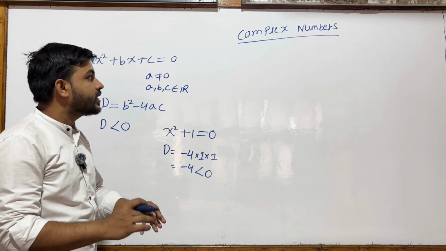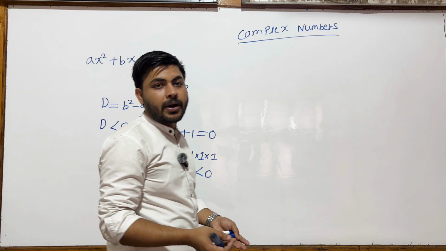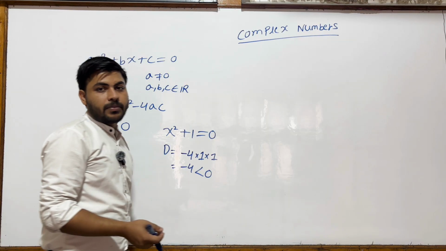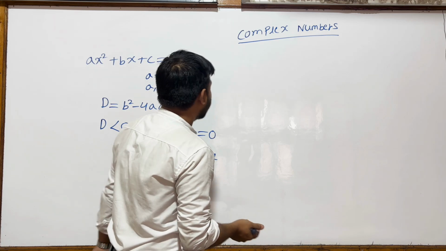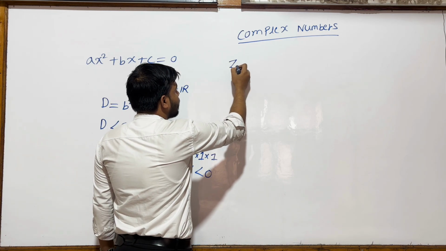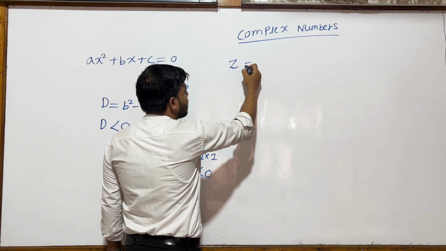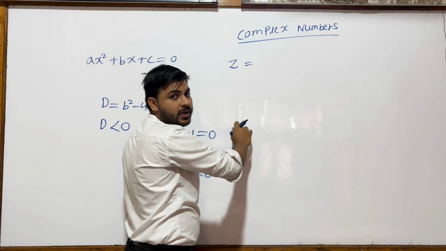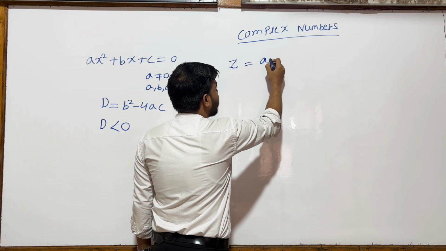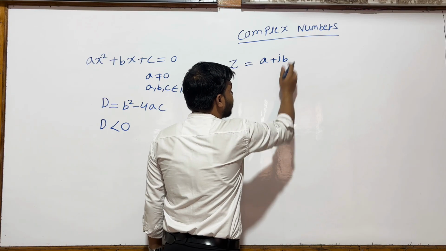So we need to extend our real number field. That is complex number. Okay, it is beyond the real numbers. Suppose we denote z. What is z? z is a complex number in the form a plus ib.